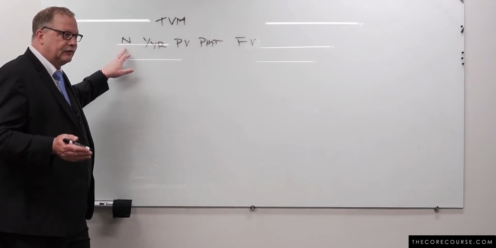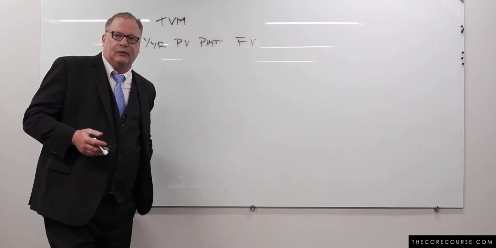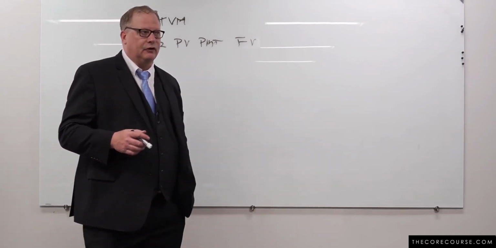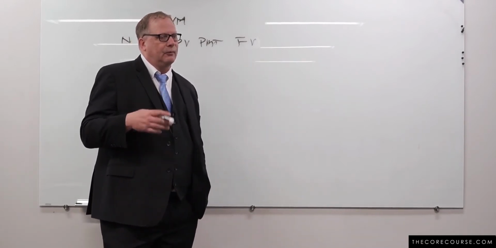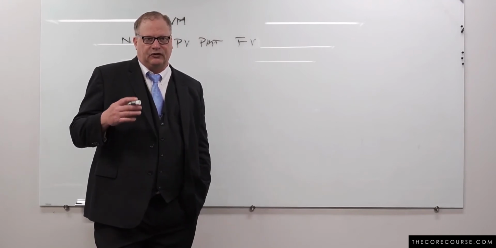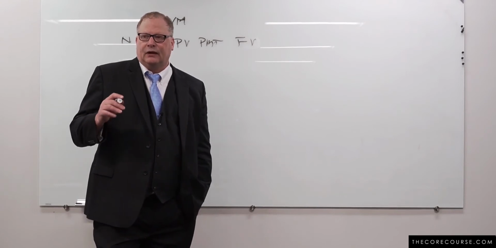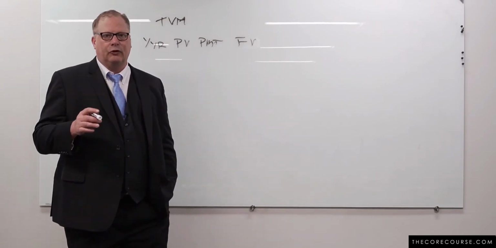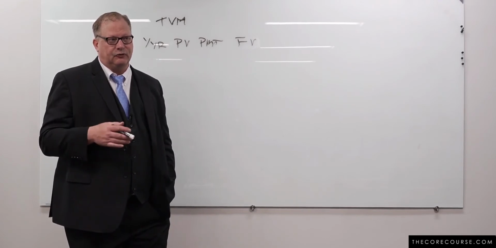So N stands for time. It could be months, it could be years. And when we talk about time in time value of money, here comes a little piece of jargon. I'm going to talk about something called the number of payments per year. So that's the way we talk about time in time value of money. Now here's a couple things that you want to remember. You might want to make a couple notes in your book about number of payments per year. All right?